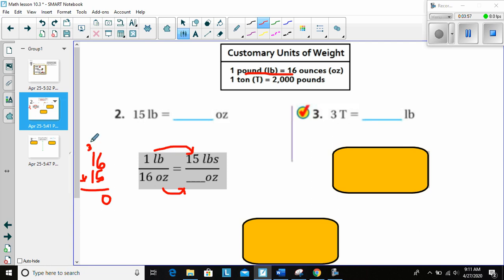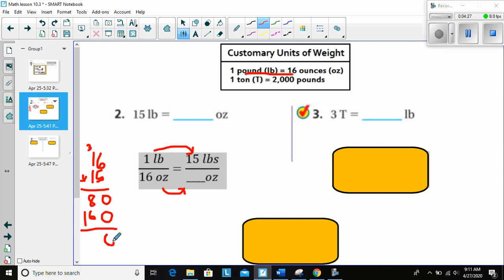And then 5 times 1 is 5, plus 3 is 8. And then the placeholder 0, I call him Bob. All right, and then we do our ones. 1 times 6 is 6. And 1 times 1 is 1. We don't add the 3 because that was from earlier, right? And then we add this up, and we should have our answer for the amount of ounces in 15 pounds.